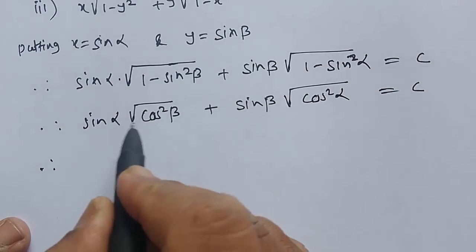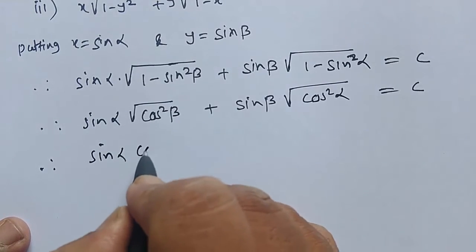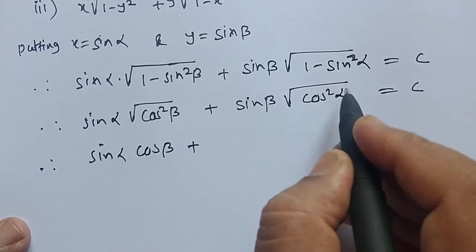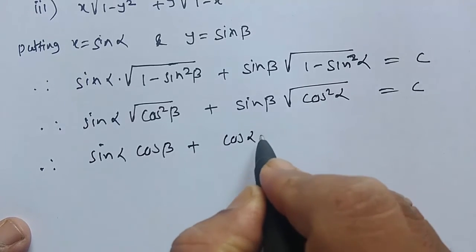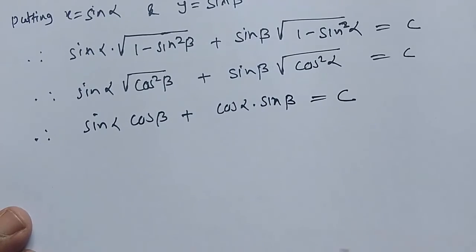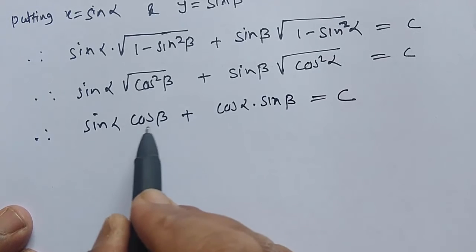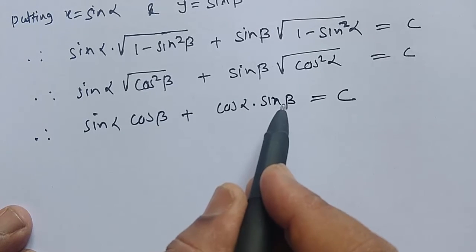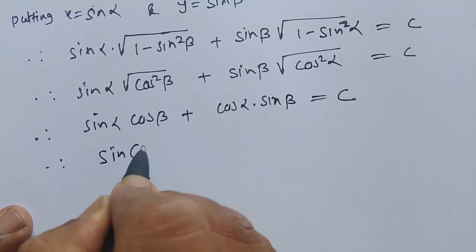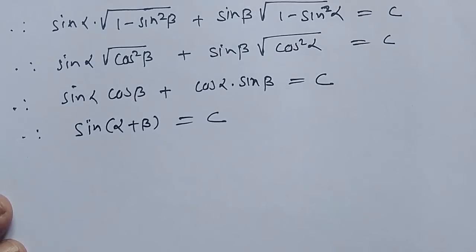Therefore, sin alpha under root of cos square beta is cos beta plus under root of cos square alpha is cos alpha into sin beta is equal to c. We know the addition formula, sin of alpha plus beta is sin alpha cos beta plus cos alpha sin beta, and therefore by using the addition formula, sin of alpha plus beta is equal to c.